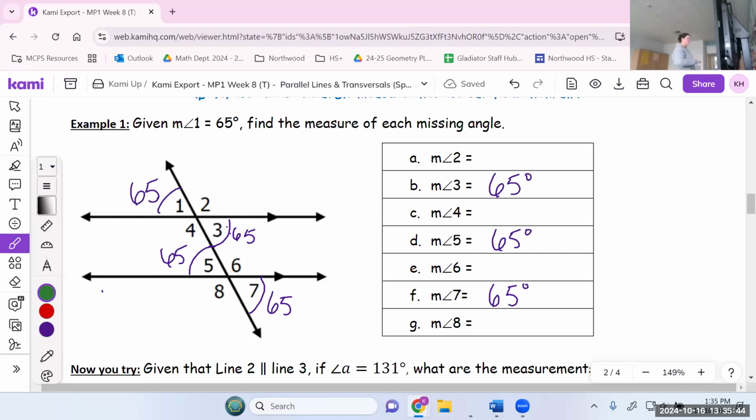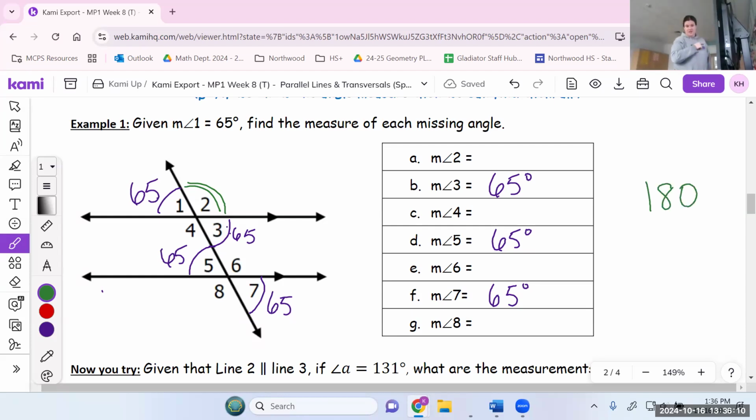Okay, so I know that 1 and 2 make a line, right? It's going to be a different one. So I'm going to put 2 arcs so that I know 1 and 2 are not the same. I'm not going to draw that same arc. I'm going to draw 2 arcs. And I need to remember 1 and 2 are linear pairs. Linear pairs are supplementary, right? What does supplementary mean?